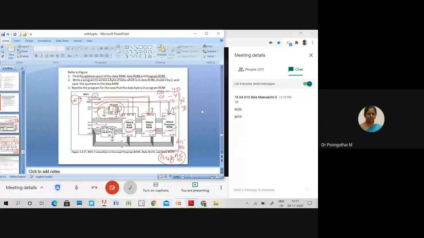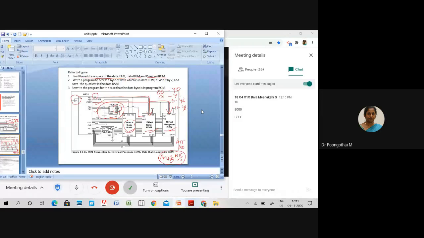Okay, so next one, 16K cross 8 data ROM. Your chip select, that is the chip enable, is activated by using output line Y0. Okay, so 0 0, your A15 and A14 are 0, all the address lines will be 0.